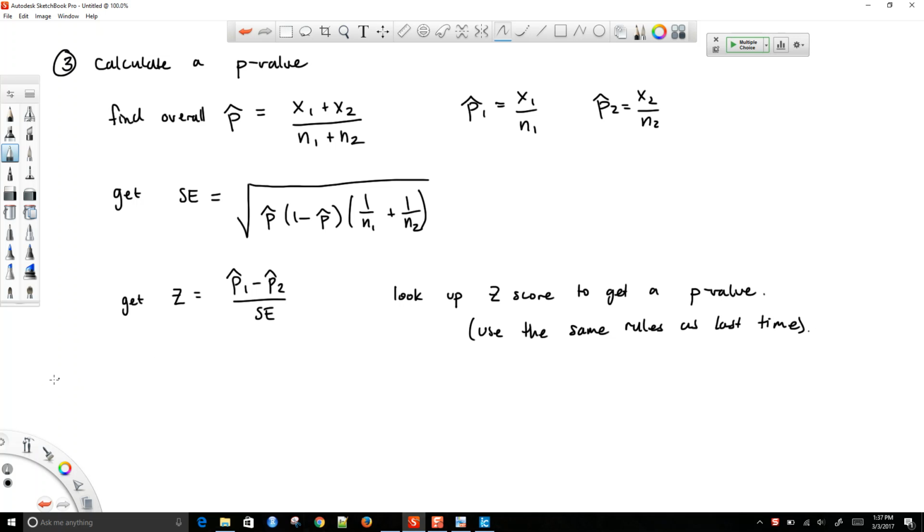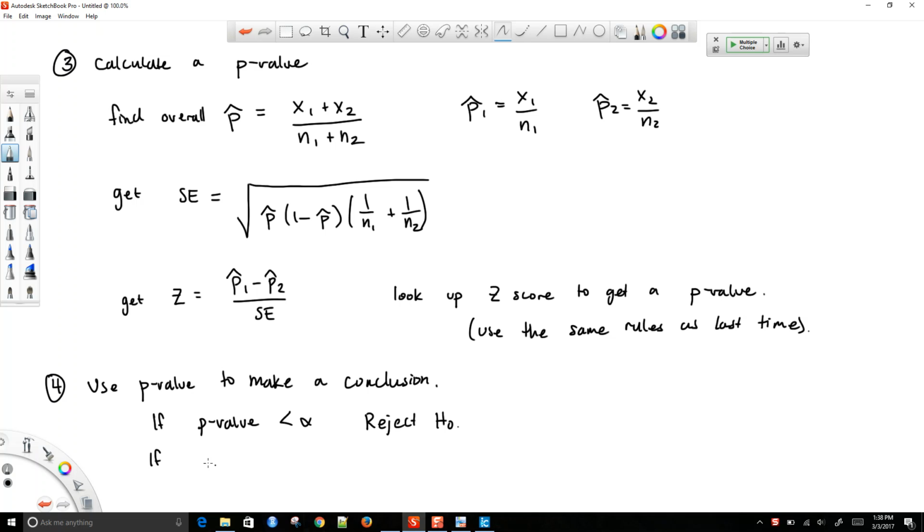Okay, and then now that you have your p-value, use the p-value to make a conclusion. And this is the same as before. If the p-value is less than alpha, reject the null hypothesis.